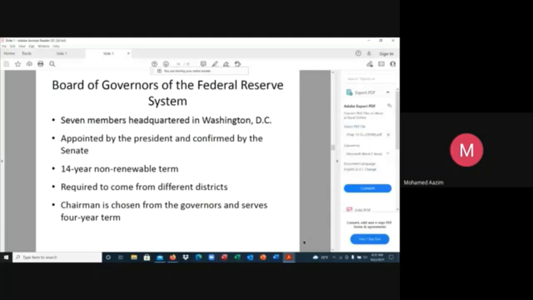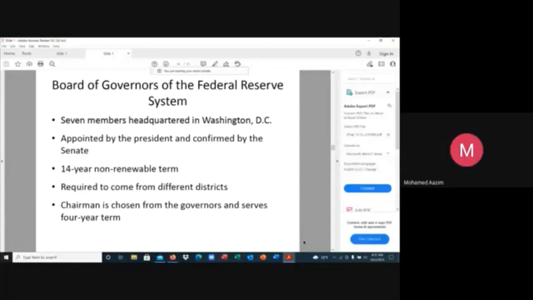right? And these members in the Board of Governors are appointed by the US President and confirmed by the Senate, the Parliament. And they have a 14-year non-renewable term. Once appointed, they can go for 14 years. There would not be a second term offered. And look at this 14-year term itself.